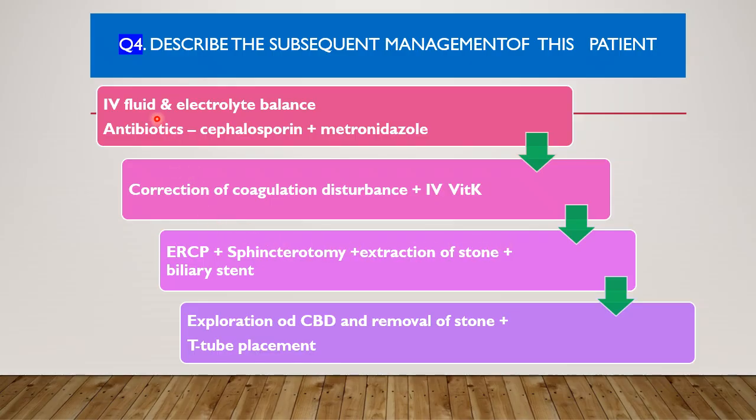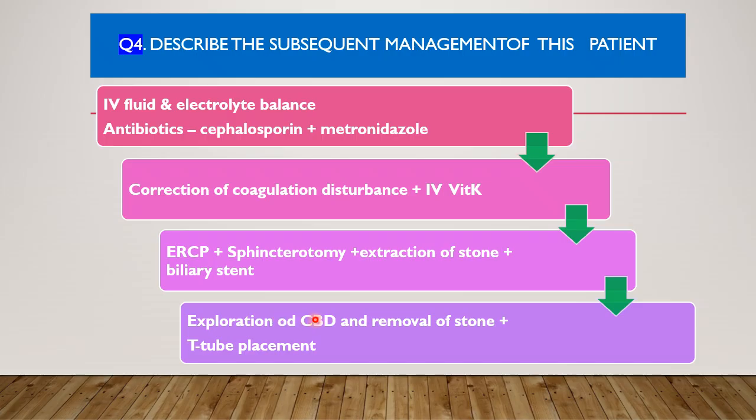And when these three conditions are met and the patient is more stabilized, then you have to think of a definitive treatment, which is how to remove the stone. The best and the easiest method these days will be an ERCP with sphincterotomy and extraction of the stone. And at times you may want to put in a biliary stent.